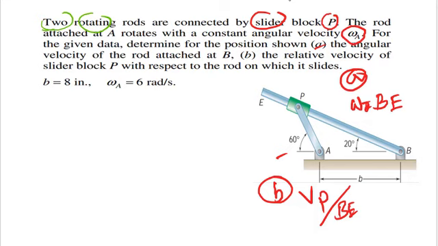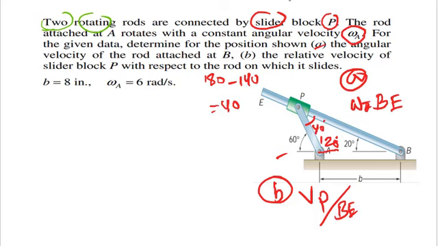If we extend this line, then it is 180 degrees. 180 degrees minus 60 degrees, that means this angle will be 120 degrees. For the whole triangle, we know the sum is 180 degrees. 180 degrees minus 120 plus 20, that is 140, then this angle is 40 degrees, right? That means we have got the angle.